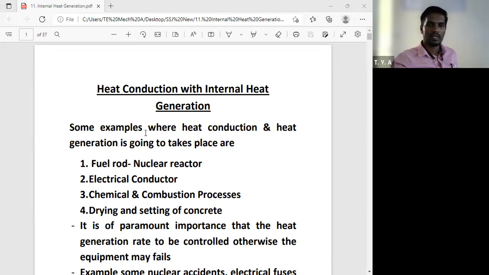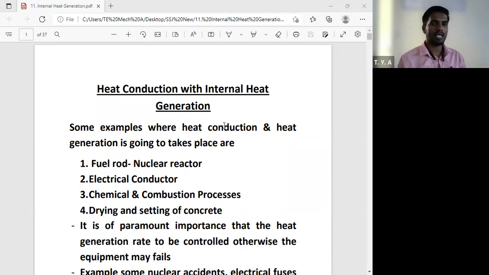Now today we have to discuss the next point, that is heat conduction with internal heat generation. So all of you write down the new heading, heat conduction with internal heat generation. In the last lecture we solved two problems related to the critical radius of insulation, so that point is over.